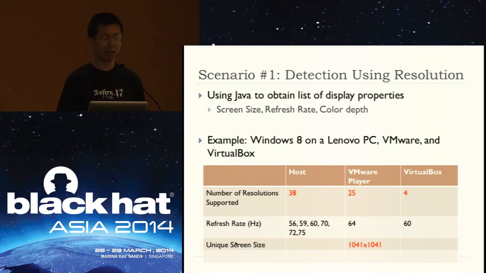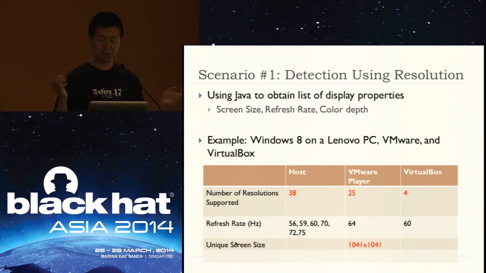Plus, if you look at the display refresh rate, VMware is always running at 64 hertz and VirtualBox at 60 hertz. We also checked other hypervisors, like Xen, and there are even other weird numbers. Sometimes you even have a refresh rate of 1 hertz.